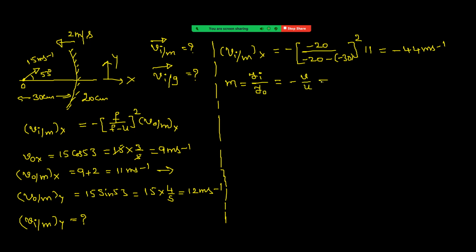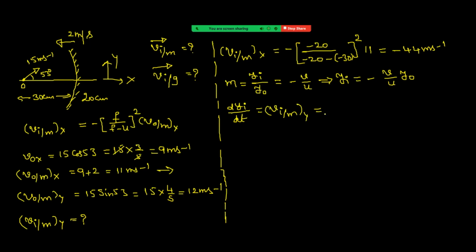Now see from this, the y coordinate of image is equal to minus v upon u into y naught. Now we have to focus on the rate of change of y coordinate of image, the derivative of y coordinate of image with respect to time. That is the velocity of image with respect to mirror along y-axis.